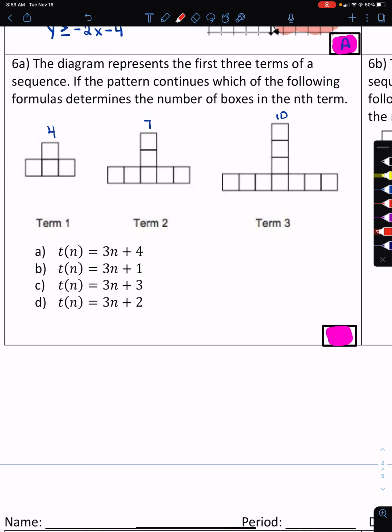Well, if I wanted it to equal 4, could I plug in 1 for that and get an answer of 4? So let's see. What if I did 3 times 1 plus 4? That gives me 3 times 1 is 3 plus 4 is 7.